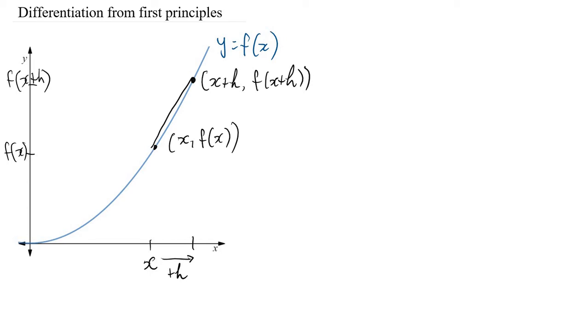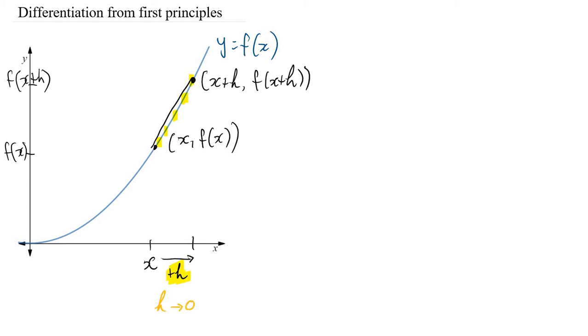The idea is that as this point approaches f of x, or the original point, then this distance h approaches 0.